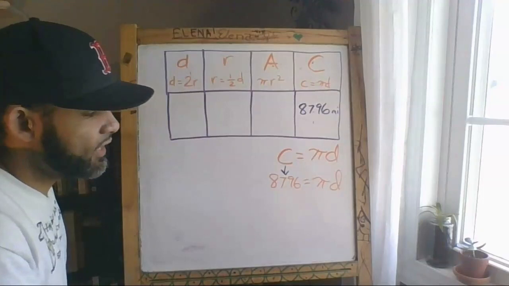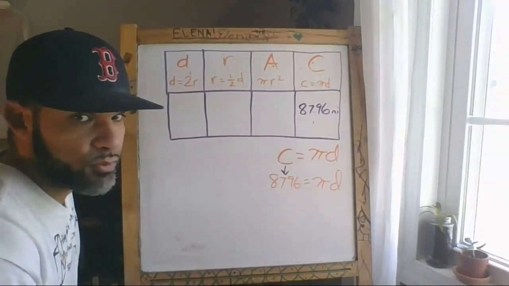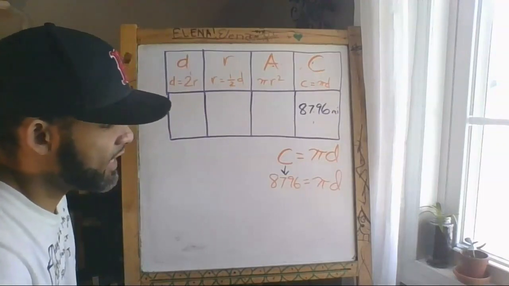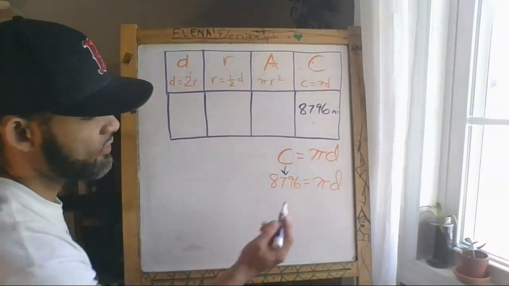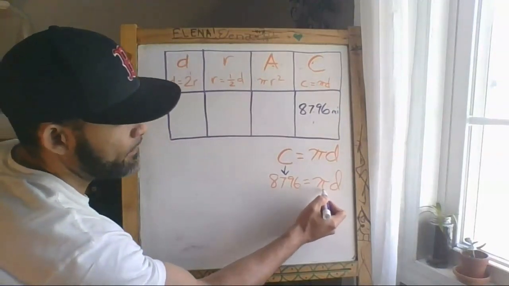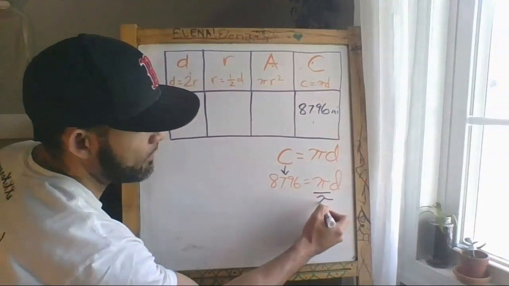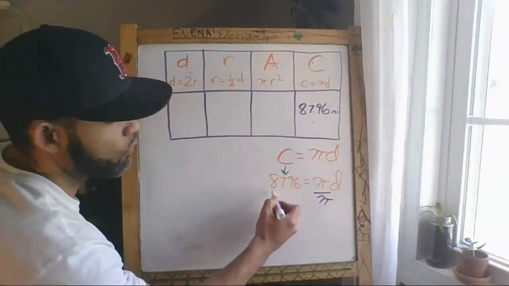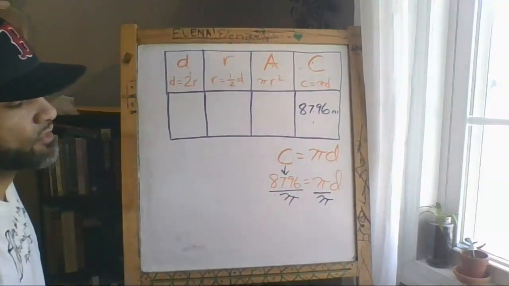So all we got to do to isolate this variable to get the d all by itself, the diameter all by itself, you have to use inverse operations, right? So the opposite of multiplying by pi is dividing by pi. And what you do to one side of an equation, you have to do to the other side of an equation, right?